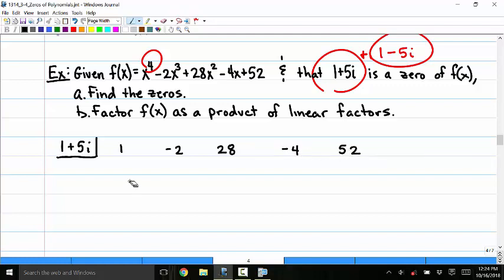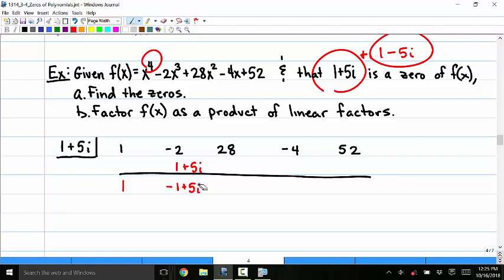Do you agree? Those are the coefficients from the polynomial. So now I'm going to do the synthetic division. Bring down the 1. 1 times 1 plus 5i is 1 plus 5i. When I add negative 2 plus 1 plus 5i, I get negative 1 plus 5i.